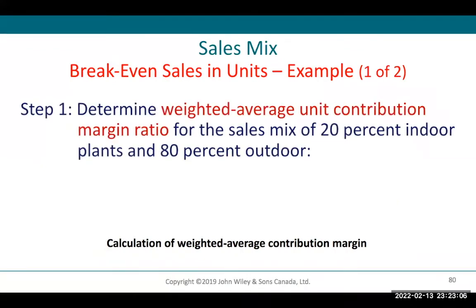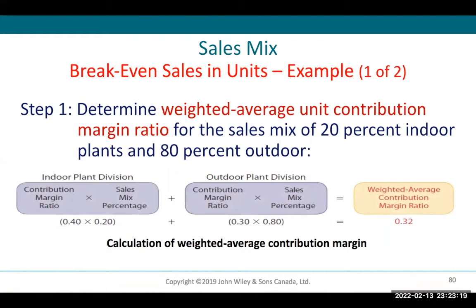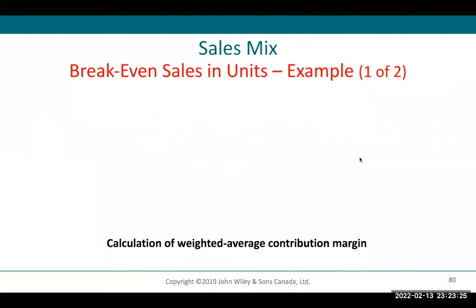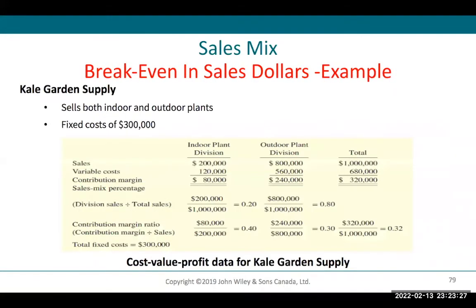What is the weighted average unit contribution margin ratio? So we know the sales mix percentages. How can we find the weighted average unit contribution margin ratio? We know the contribution margin ratio for both of our products, 40 cents and 30 cents.